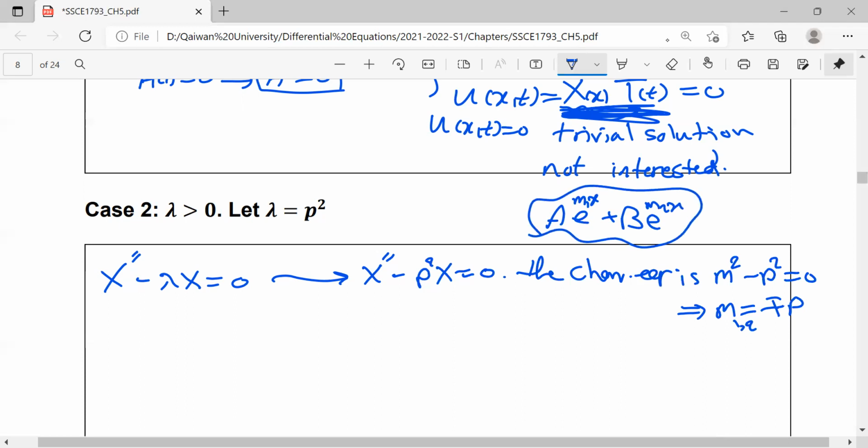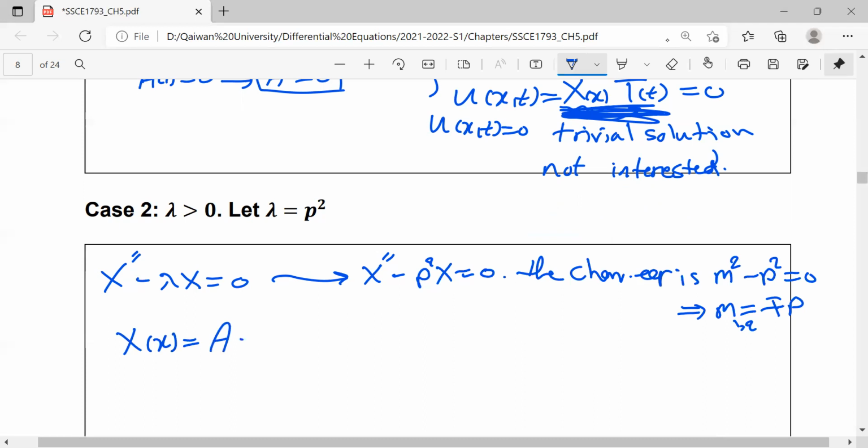We just plug in m1 and m2 there. m1 is p and m2 is negative p. And then the solution is, so X of x is a e to the power px plus b e to the power negative px.